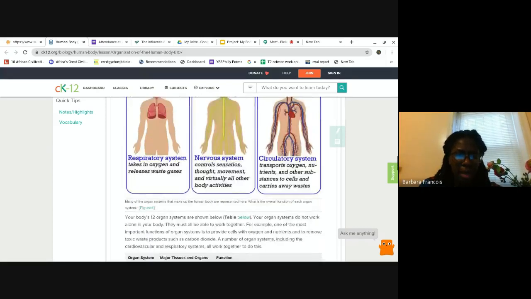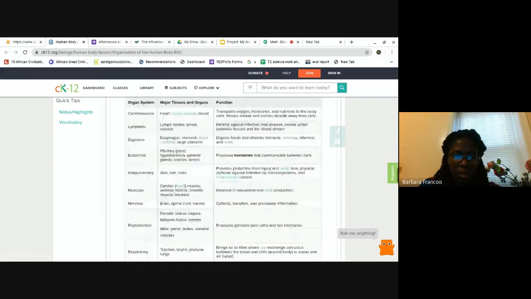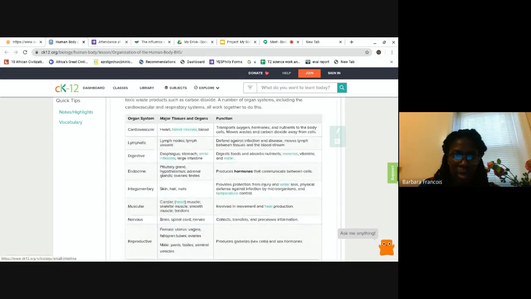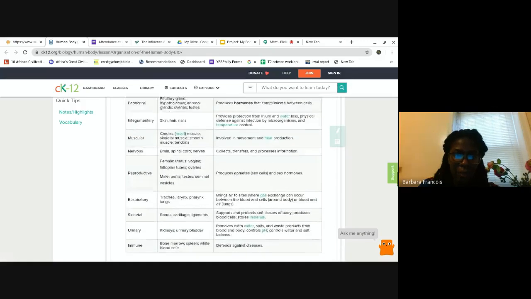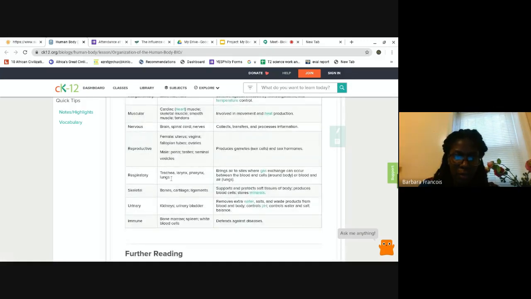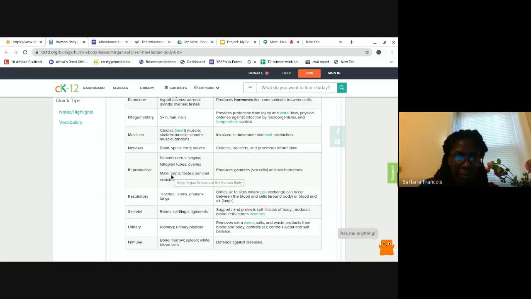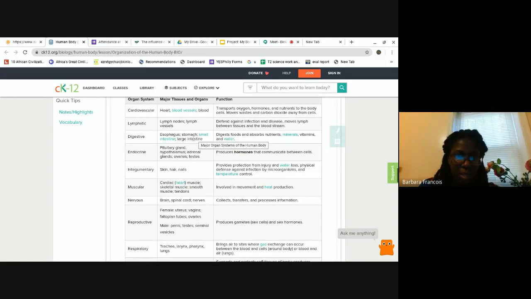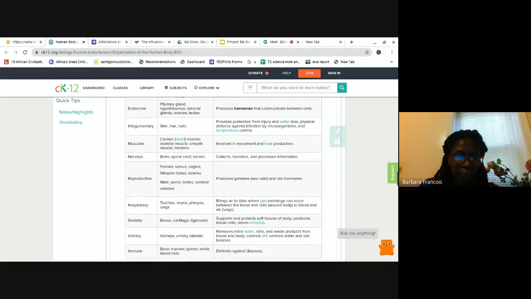And it tells you the major tissues and organs within that system of yours. Let's say somebody's doing respiratory system, it's showing you the major organs. If you're doing digestive system, it's showing you the major organs. If you're doing nervous system, it's showing you the major organs.